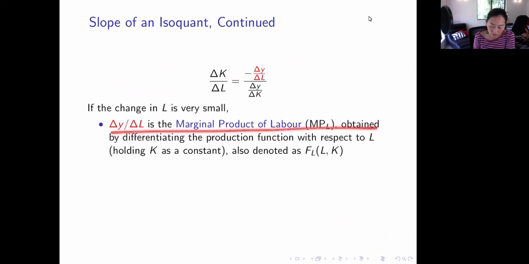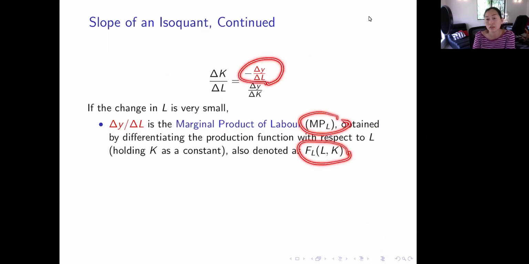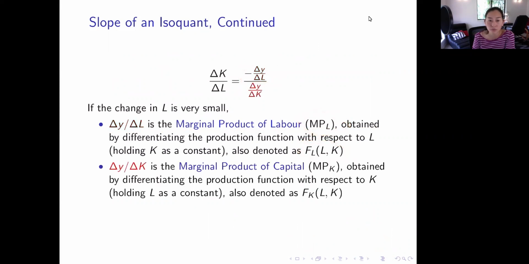So MPL, which is also denoted as F sub L, they're all equal. Marginal product of capital could also be denoted by F sub K, this term.